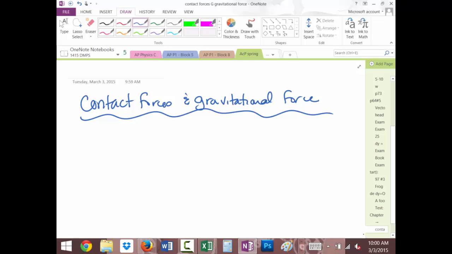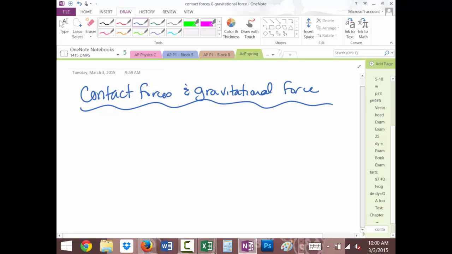When we're doing problems this chapter, and we're dealing with Newton's first and second law, and we talk about the net force, remember net is just adding up all of the forces together. I want to be able to figure out what forces are acting. So one of the forces that we'll deal with a lot is the force of gravity.